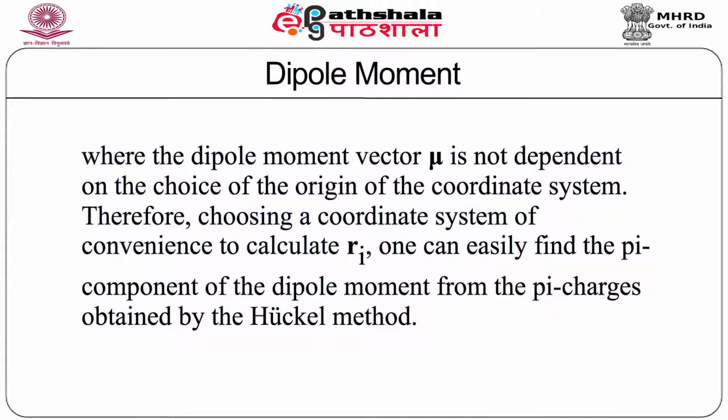The dipole moment vector is not dependent on the choice of the origin of the coordinate system. Therefore, choosing a coordinate system of convenience to calculate Ri, one can easily find the pi component of the dipole moment from the pi charges obtained by the Hückel method.